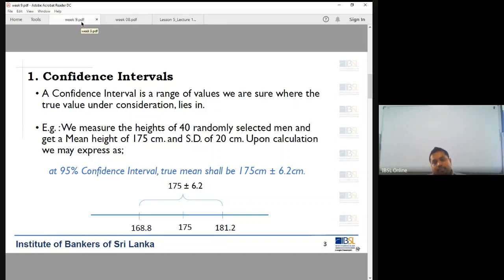So a confidence interval is a range of values in which we are sure the true value under consideration lies. You have to underline the word true value here. Throughout our examples, we discussed the population and the sample. So let's say we have 1,000 apple trees in a big apple farm.